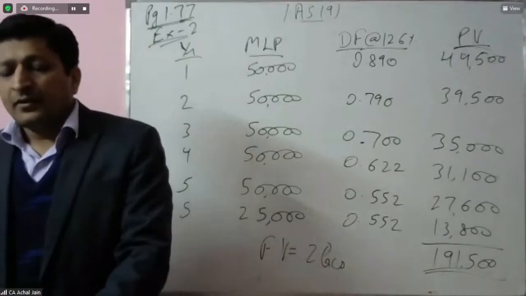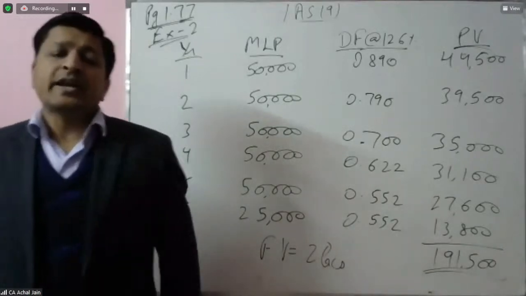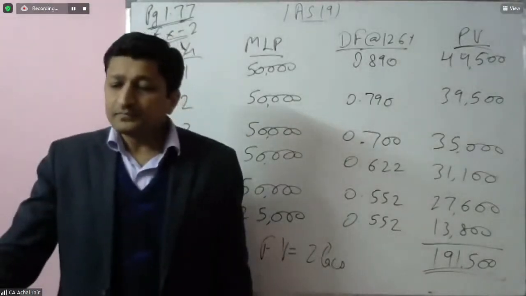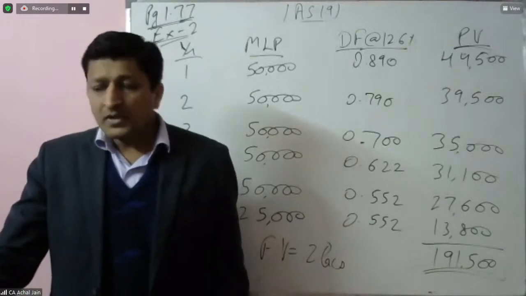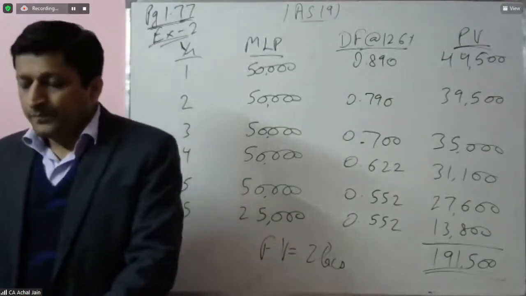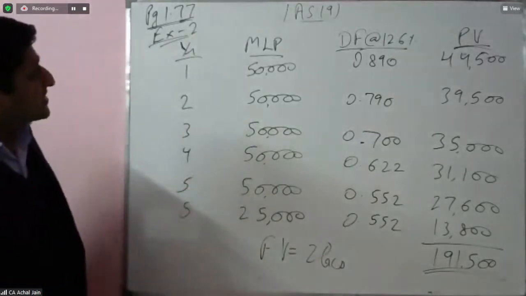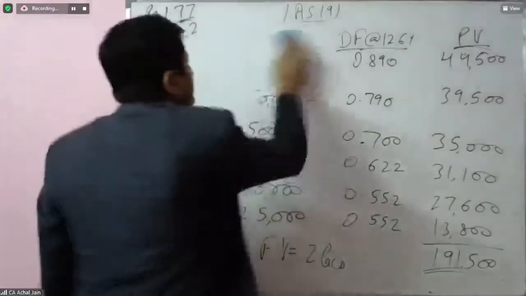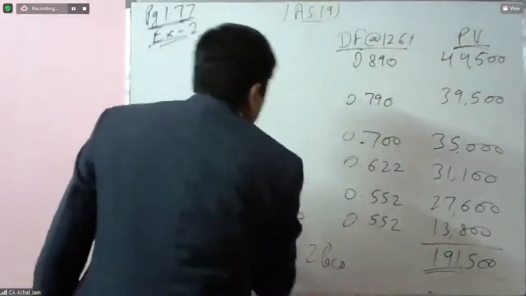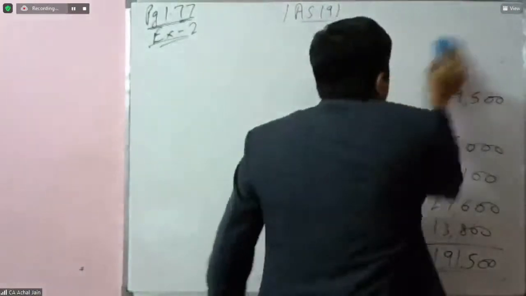So that's why we will say it's clearly a case of finance lease. Now it is clear to us that it's a case of finance lease. So if we have to pass the accounting entry for the lessee, what is the accounting entry which the lessee will pass at the time of inception of lease? Let's understand.